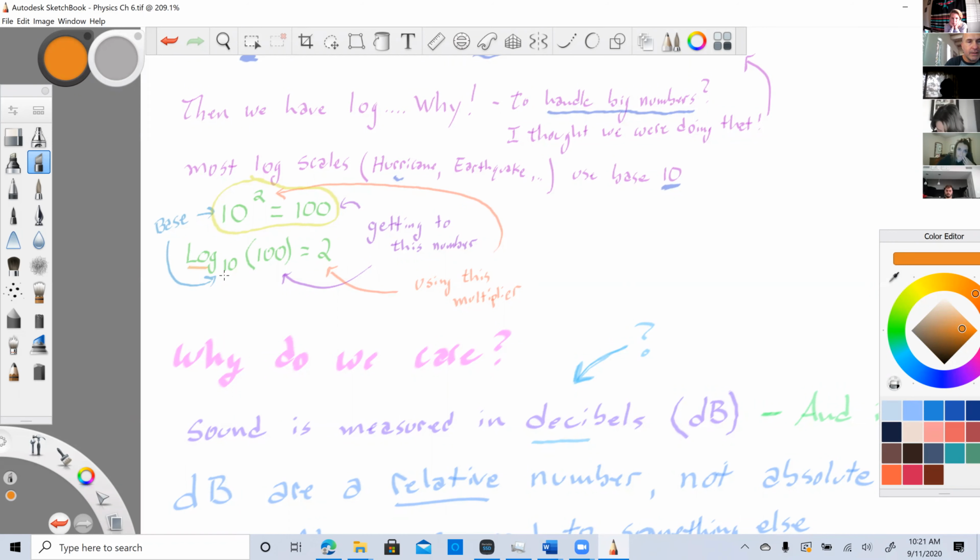The log 10, so that's your base 10, and I am not going to have you work any of this out, so take notes, just pay attention, whatever you want to do. Log base 10 to get to the product. So getting to this number 100 is 2. 2 being the multiplier, up here. The multiplier is the answer getting to this number, the product over here.